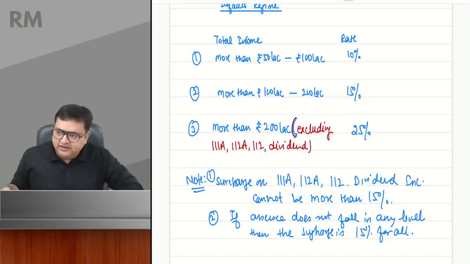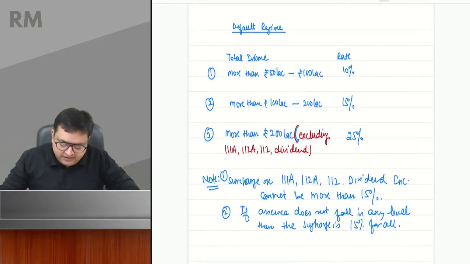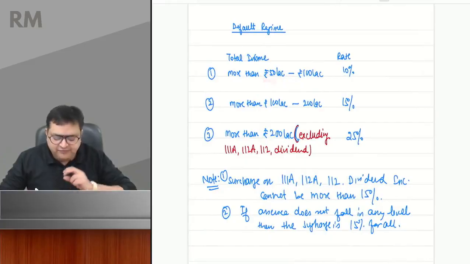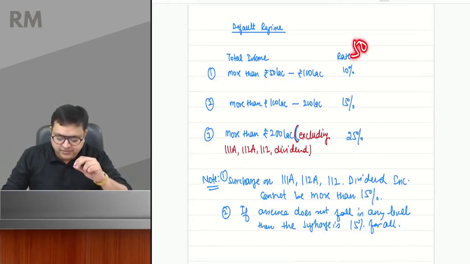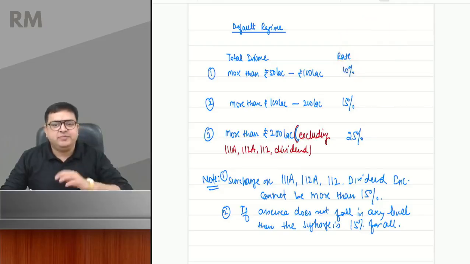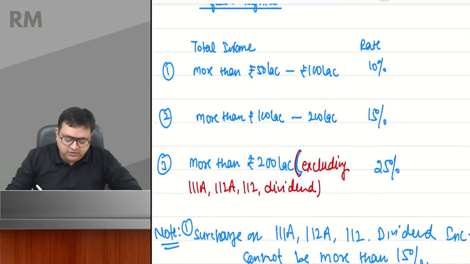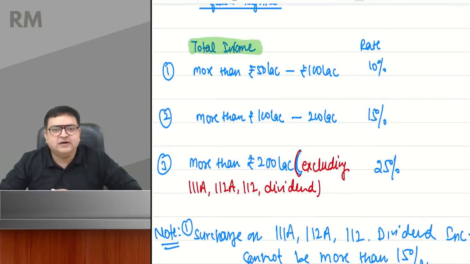Now please understand, guys. Surcharge is not applicable if the total income is up till 50 lakh. If it is up till 50 lakh total income, surcharge would not be applicable. Surcharge will come if the total income of the assessee is more than 50 lakh. So if the assessee is rich, then only we will take some extra tax from them.